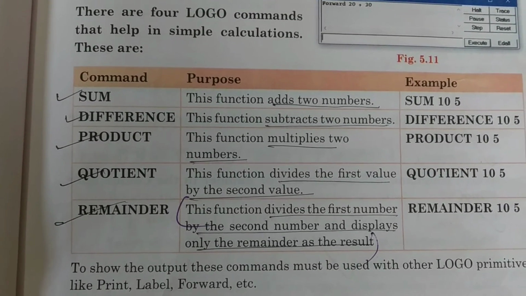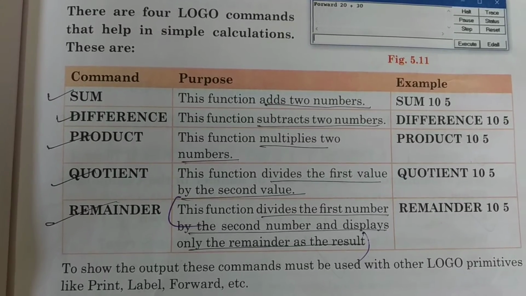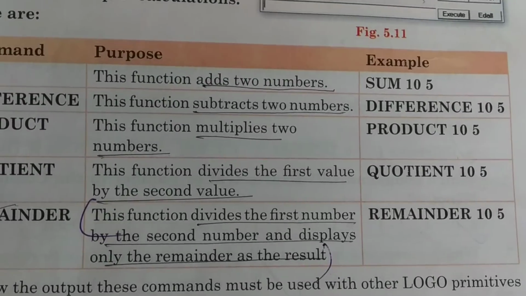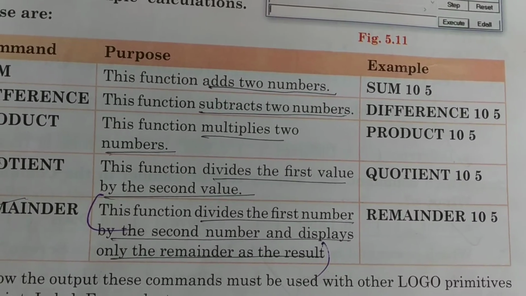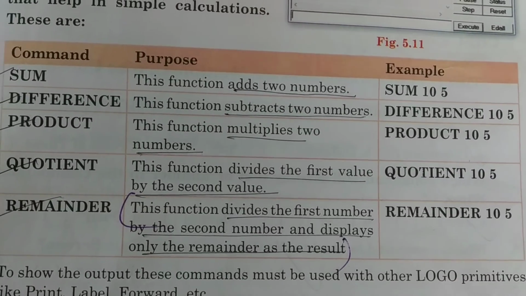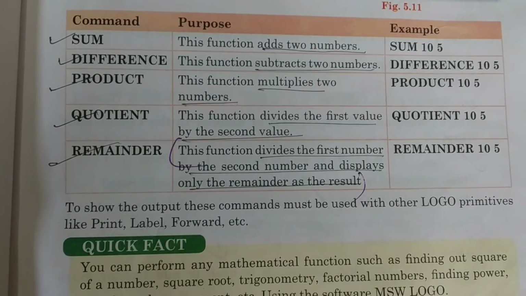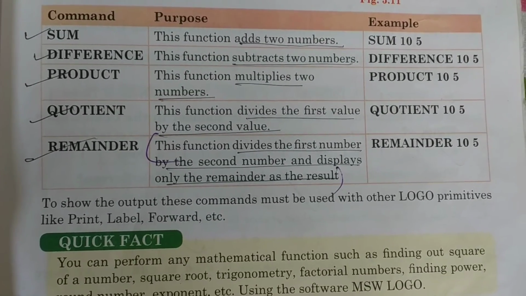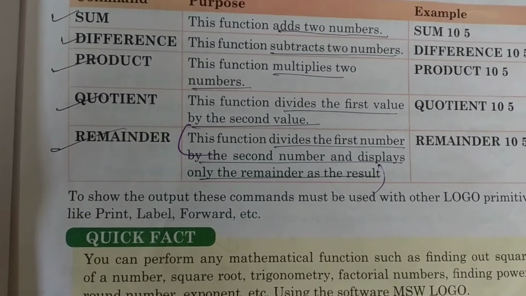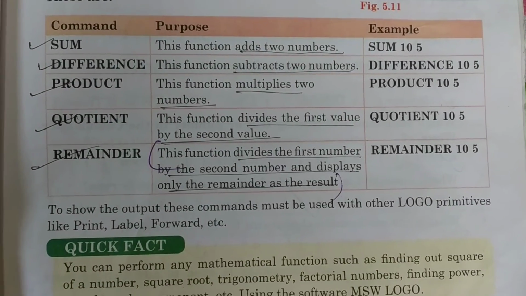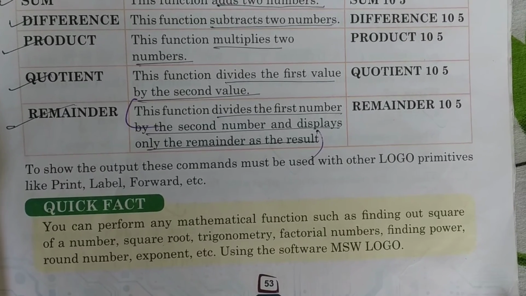Okay, next, remainder. This function divides the first number by the second and displays only the remainder. That means in this case there is no remainder, so nothing will be shown. Remainder space 10 space 5, it is absolutely divisible, so no remainder. To show the output, these commands must be used with Logo primitives like print, label, forward, backward, etc. These are the commands that you can use for getting the desired result by using Logo in calculations.